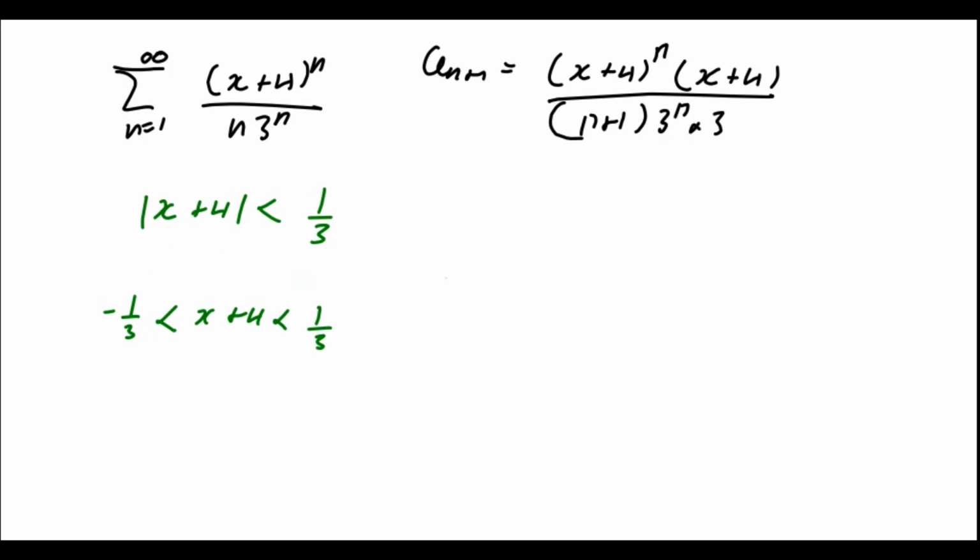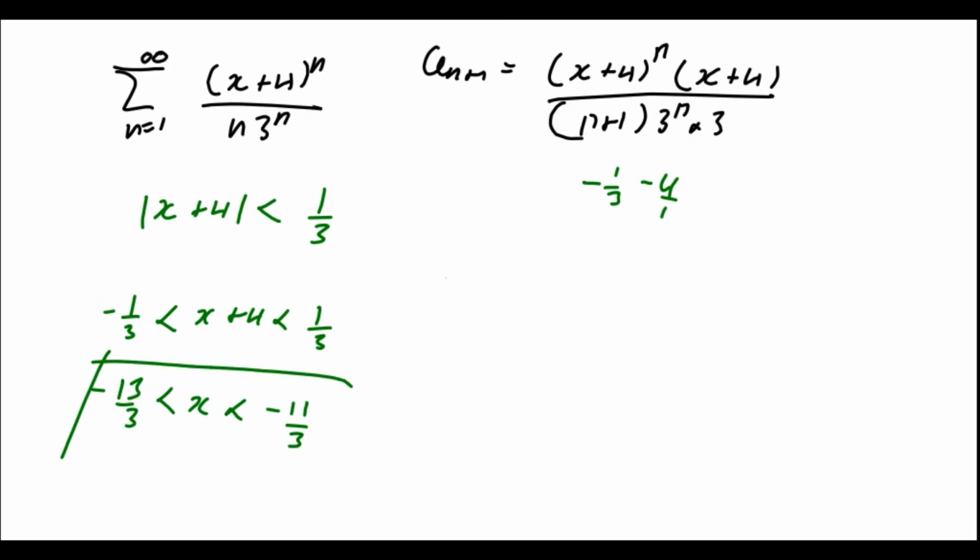When it moves, it will be minus, you have -1/3 minus 4, that's going to be -13/3 less than x less than, on this side, -11/3. So this here is partially the interval of convergence.